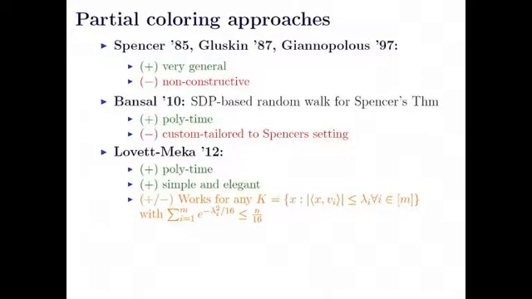Good. So let's compare what is known on partial coloring approaches. There was the theorem of Spencer with extensions by Gluskin and Giannopoulos, and all those approaches are based on a counting argument, where you use the pigeonhole principle with exponentially many pigeons and pigeonholes.